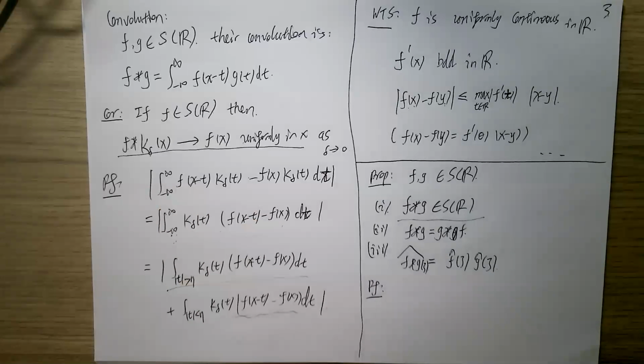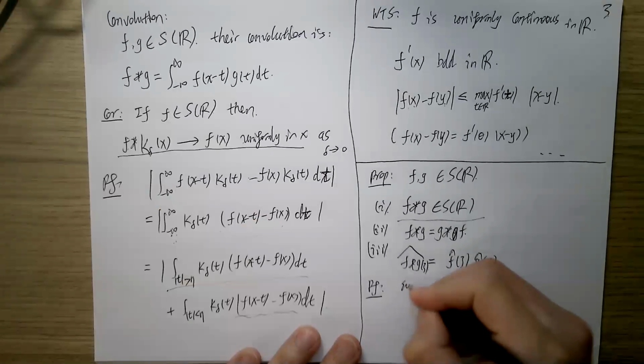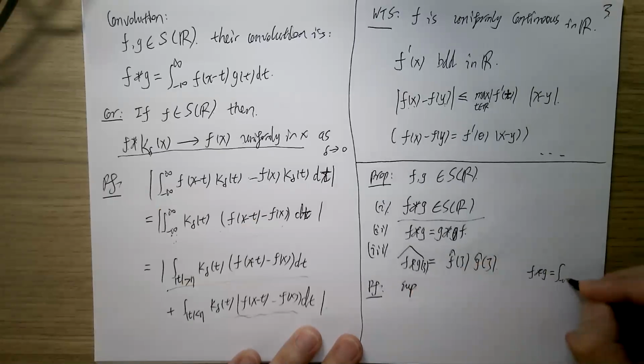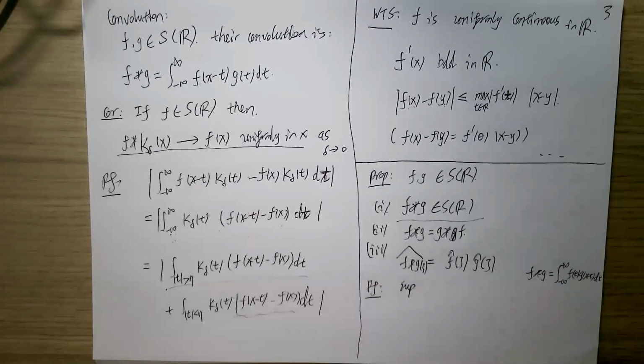So first, if you look at f convolved with g, it's the integral from minus infinity to infinity of f(t) g(x minus t) dt. Whatever, you can do a change of variable, which is kind of easy to show.